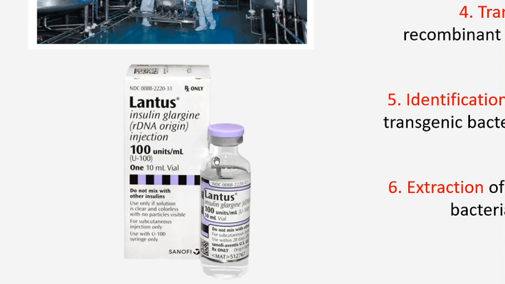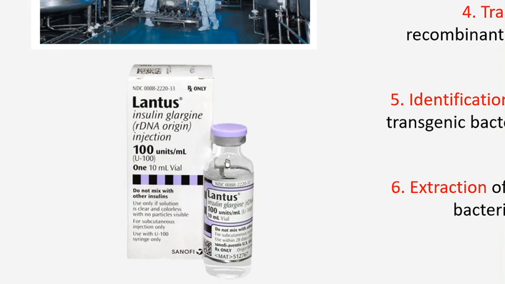So if you have any diabetes patient in your home, then you might see some kind of vials in your refrigerator. That is actually refrigerated recombinant DNA insulin for human use. Most probably you can see these insulin vials in your refrigerator at your home.